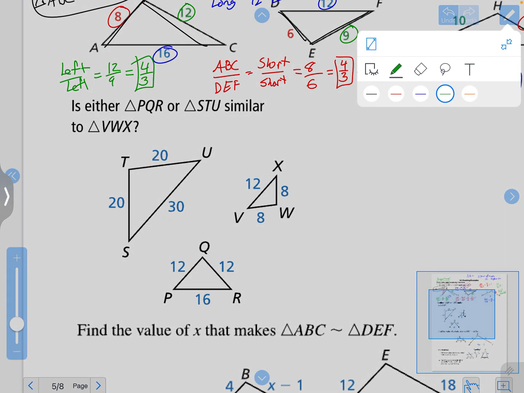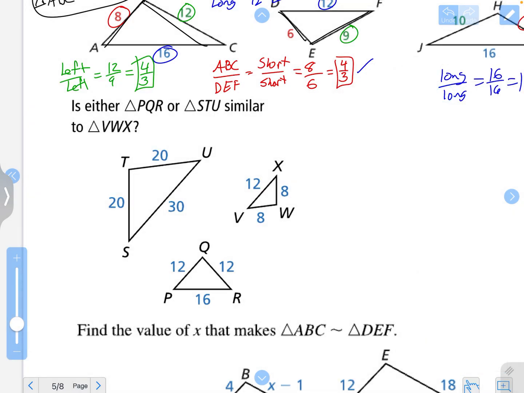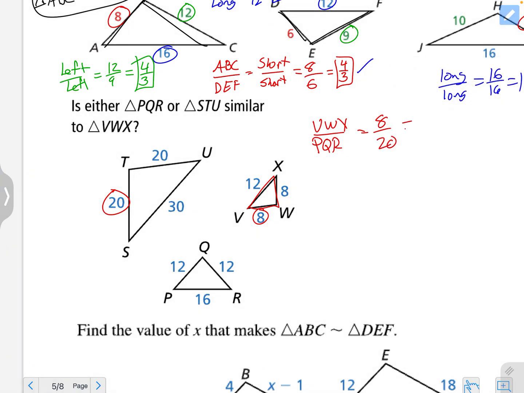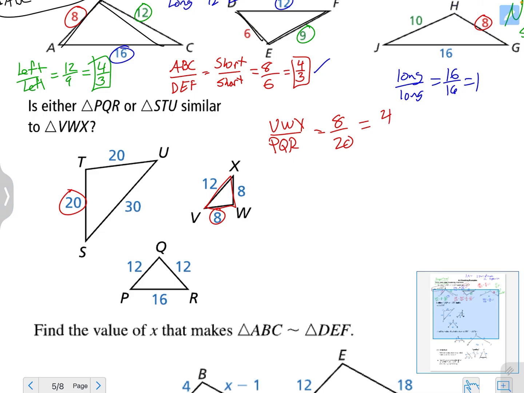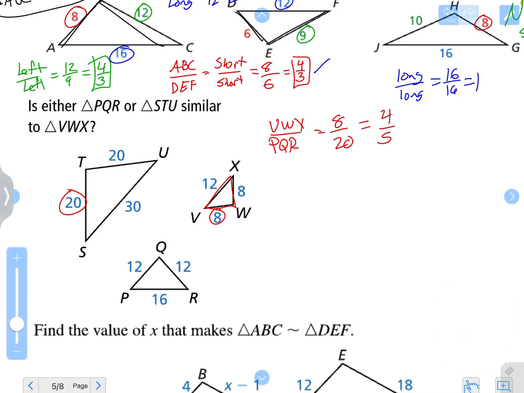So again, we're going to focus on VWX. I'm going to have VWX on top, and then I'm going to look at PQR. I'm going to go short with short. So we're going to go 8 over 20, which simplifies to 2/5.